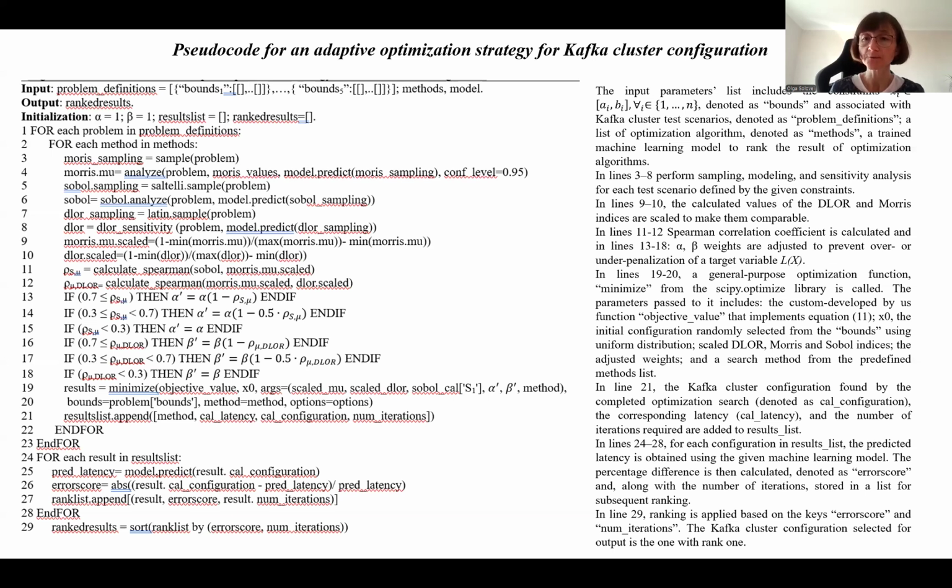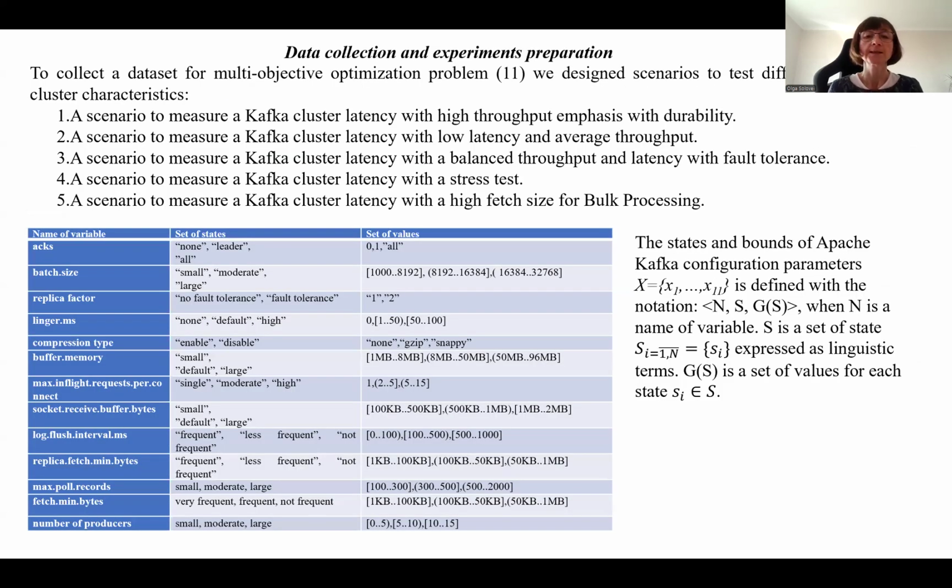In the block of lines 24 to 28, for each configuration in the result list, the predicted latency is obtained using the given machine learning model, and then the percentage difference in the latency value is calculated and stored in the variable called error score. And finally, in line 29, the ranking is applied based on the keys error score and number of iterations.